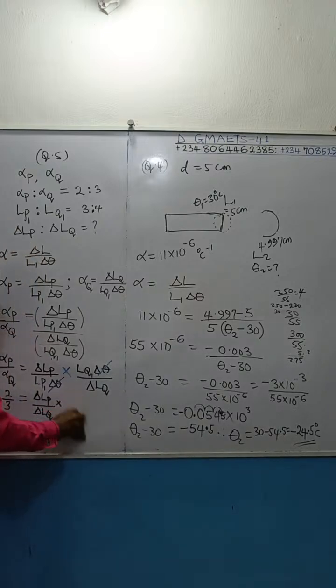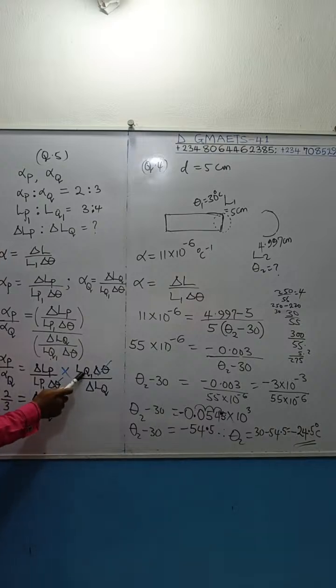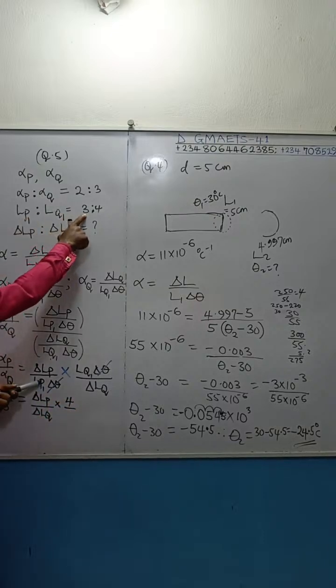I can substitute because their ratio was given to us: LQ1 is 4, all over LP1, the initial length of P, which is 3.